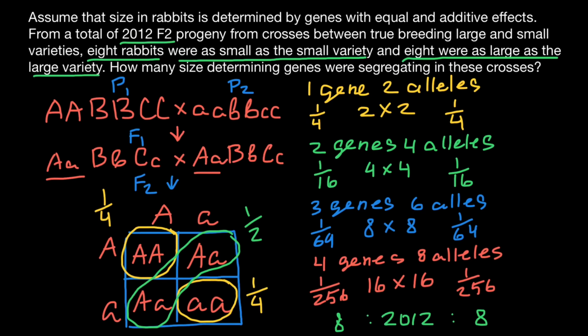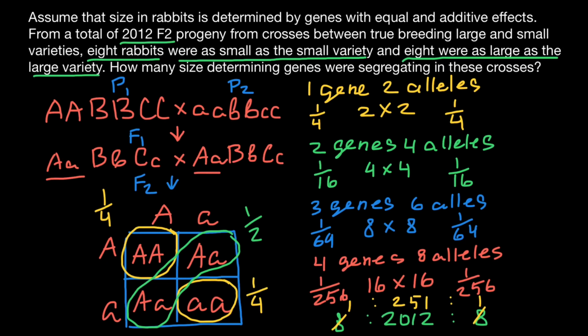And we are going to have a ratio 1, 251 here, and 1 here. So our new ratio is going to be 1 to 251 to 1.